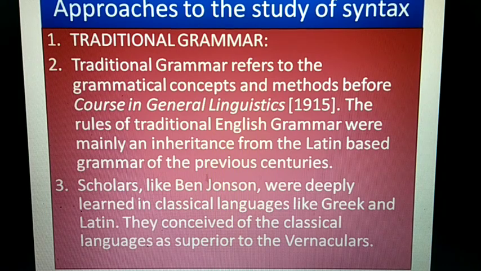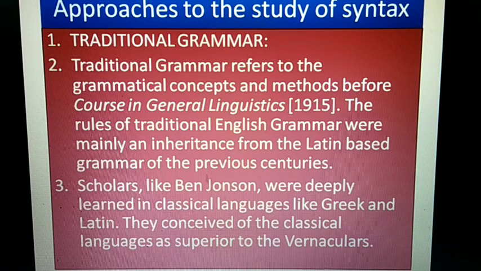You have the university wits, and they always ridicule Shakespeare for not going to the universities, right? Okay, but now, so far as we are concerned, we have to understand the fact that these scholars, so-called Ben Jonson, Christopher Marlowe, Robert Greene, okay, these university wits, they were deeply learned in classical languages, right?